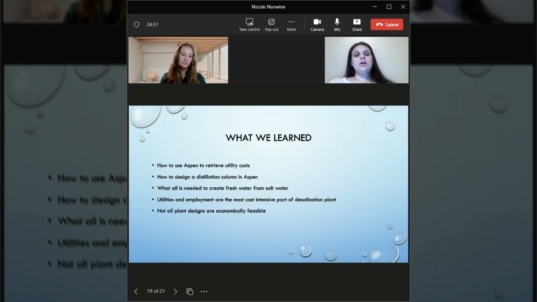So, what did we learn doing this project? Well, we learned how to use Aspen to retrieve utility costs. We also learned how to design a distillation column in Aspen. We learned what all the components are that are needed to create freshwater from saltwater, which is the desalination plant.